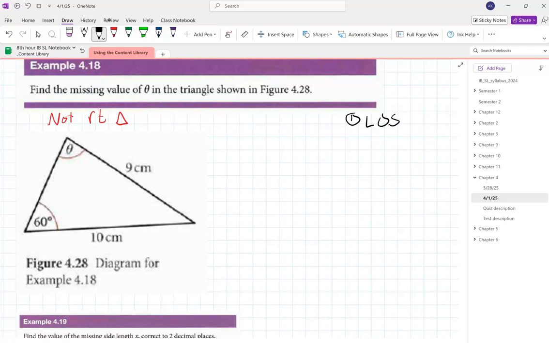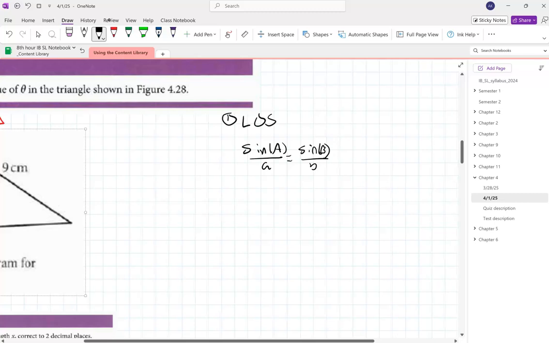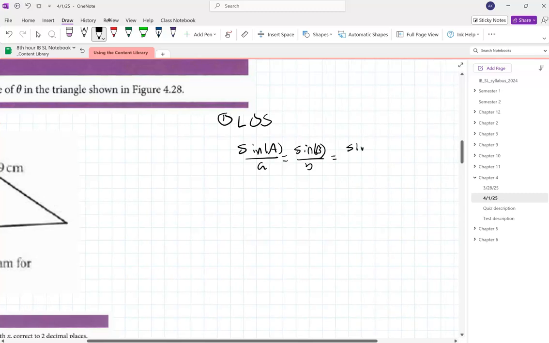There's the law of sines. LOS just stands for law of sines. Oh, there's law of sines and law of cosines.